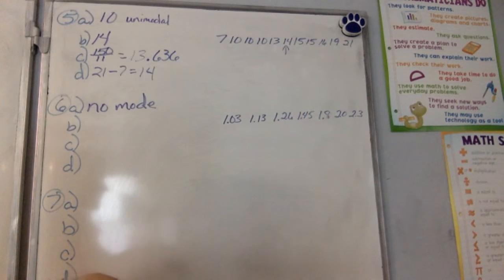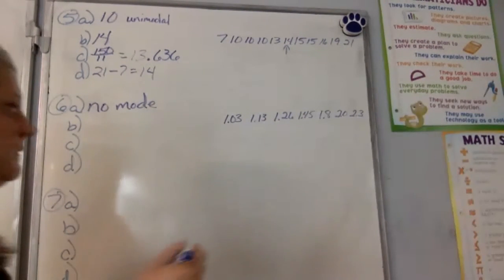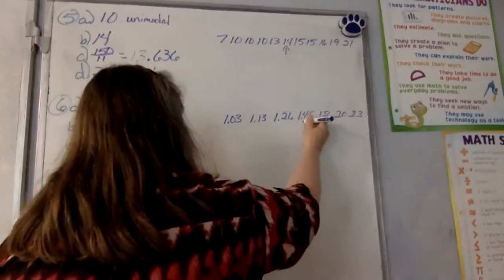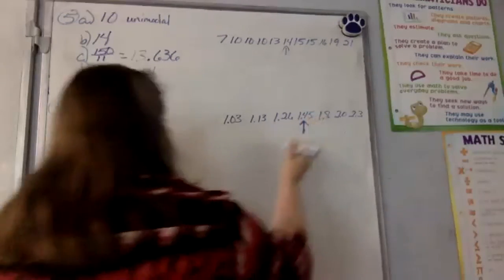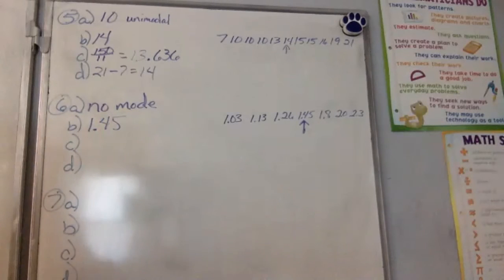So I had 7 that time. If I've got 7, what's my middle number going to be? 1.45, the one in the middle.